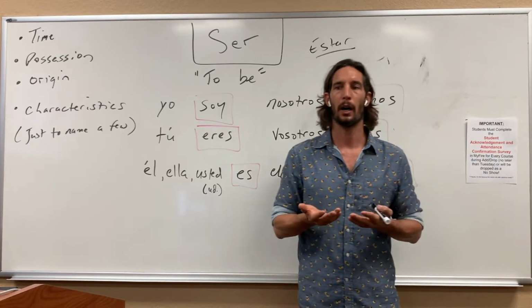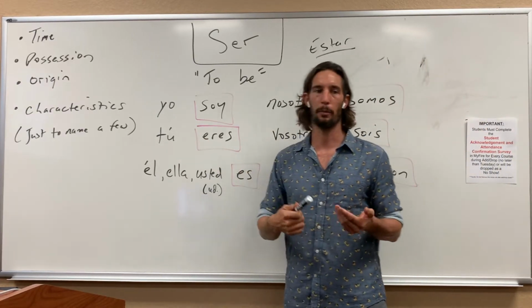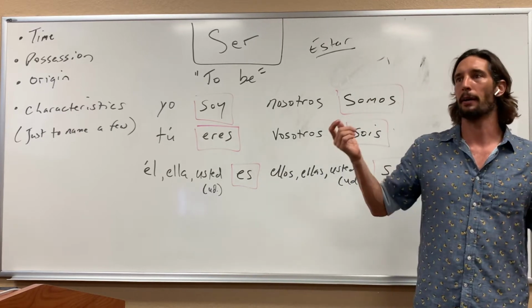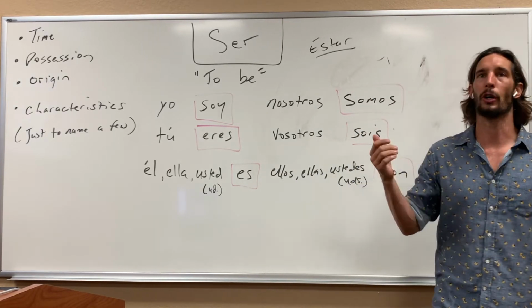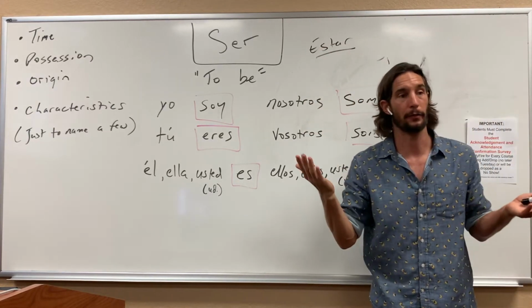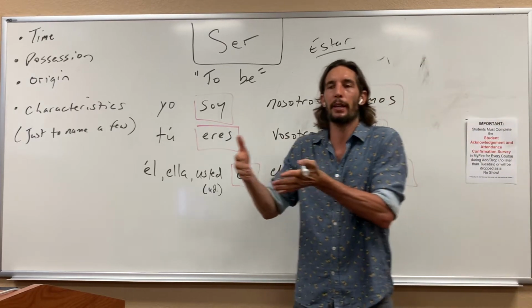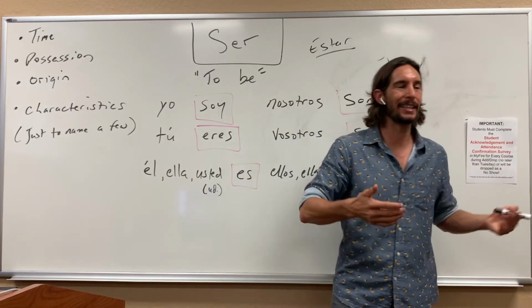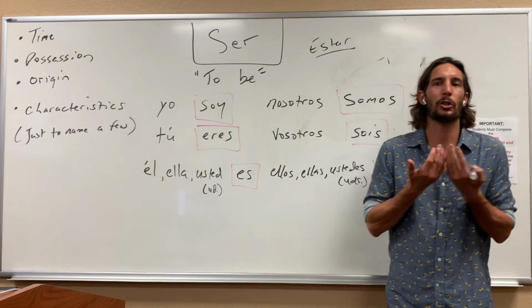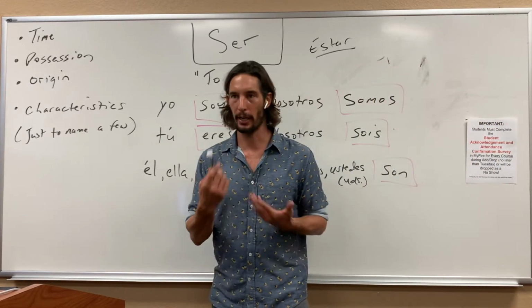Of course, it goes beyond describing your physical features, like yo soy alta if you're a female, or yo soy baja. Different characteristics like that, and you can move into yo soy inteligente. If you're a female, yo soy hermosa, I'm beautiful.